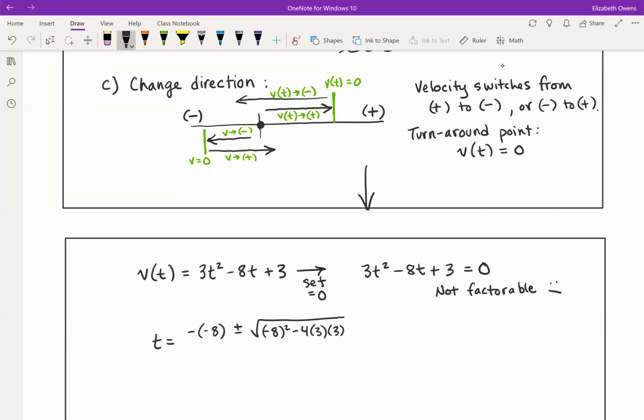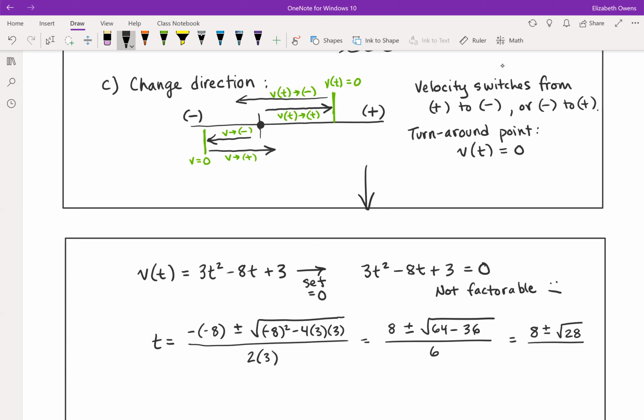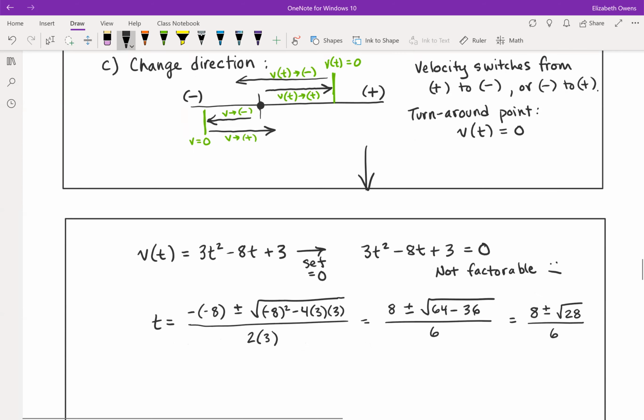There we go, 4ac, all divided by 2a. So we get 8 plus or minus the square root of 64 minus 36, over 6. And so that'd be 8 plus or minus the square root of 28, over 6.